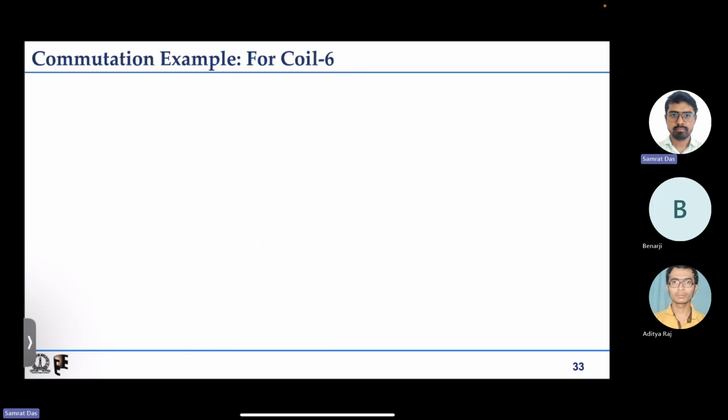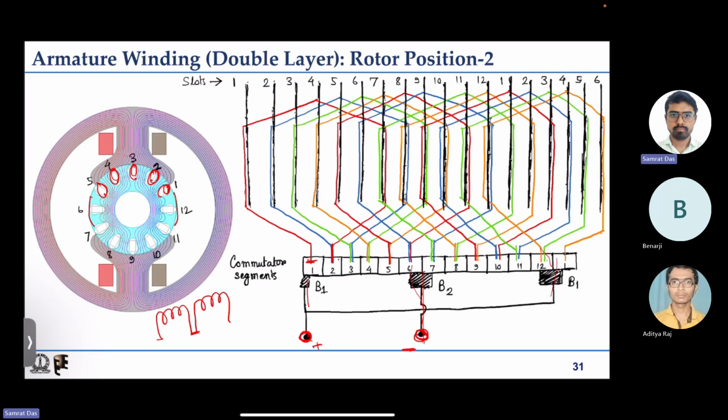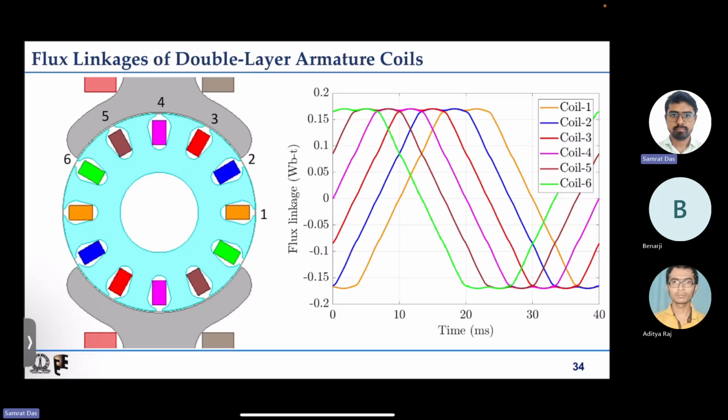Now let us see what will be the induced EMF of these 5 coils. We saw earlier that if any coil is under the pole, then its flux linkage is actually increasing. If any coil is in the magnetic neutral axis, its flux linkage is either positive maximum or negative maximum, and it is constant. So there is no change. You can see that this coil 1, which is at the magnetic neutral axis, has constant flux linkage, so the induced EMF is 0.